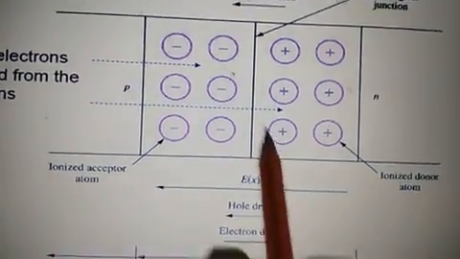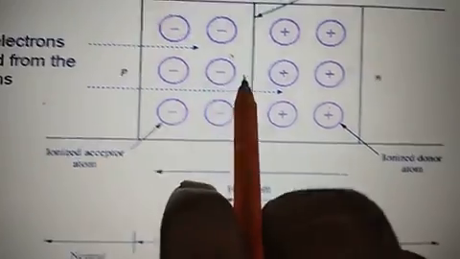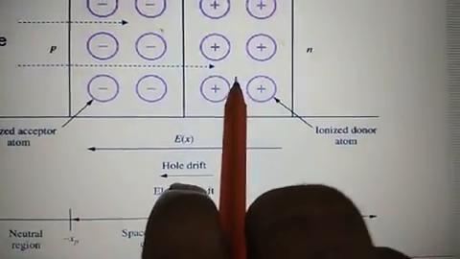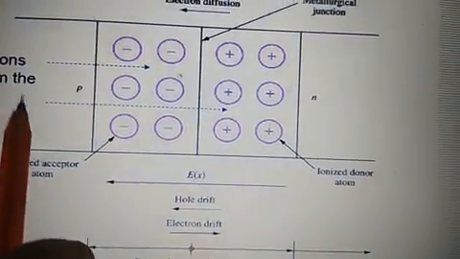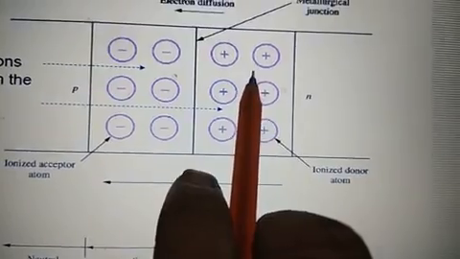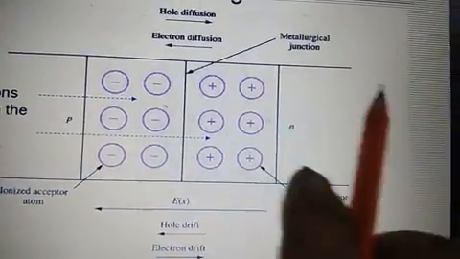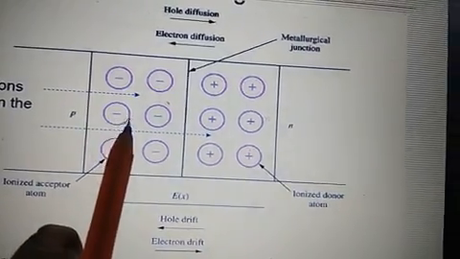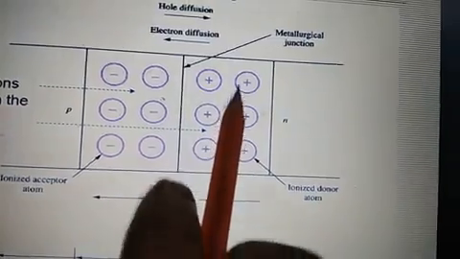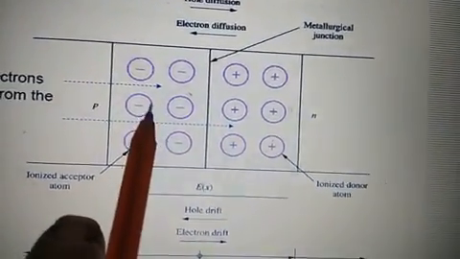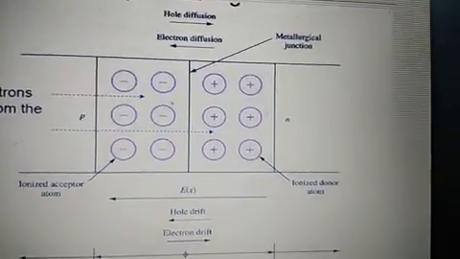This is called ionized acceptor atoms, and this is ionized donor atoms, because the holes from the p side will be shifted here and electrons from the n side will be shifted here, and hence this is called the charge due to donor, and this is the charge due to acceptor.